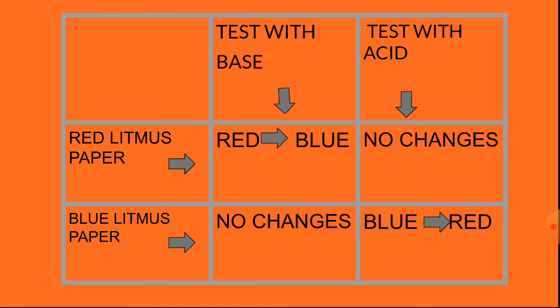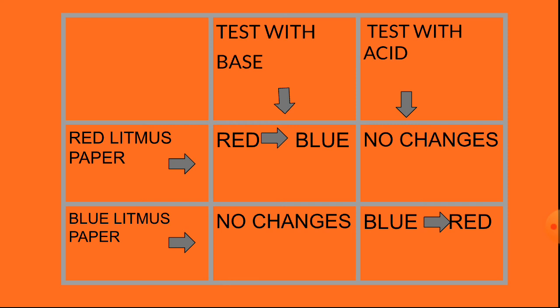Here I have made a table which shows which color litmus paper gives when added to a base or acid. Red litmus paper tested with a base gives blue color.